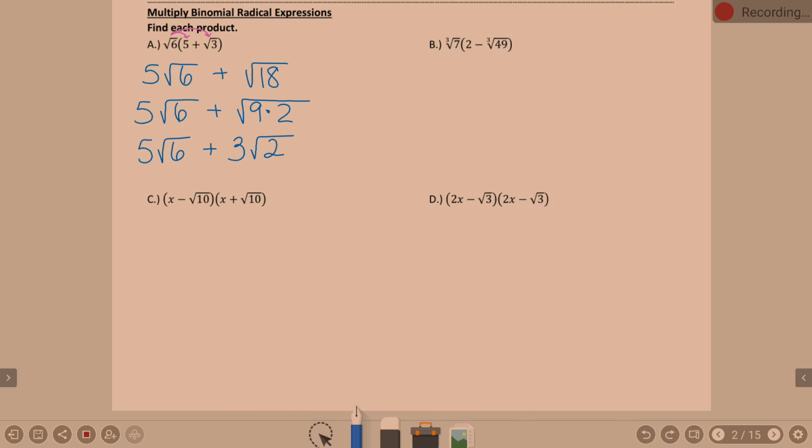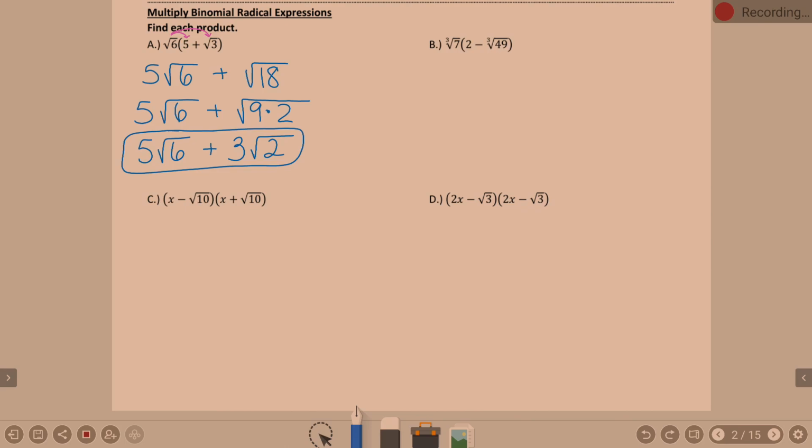They're not like terms, so we're done right here, and you're leaving your answer like that. Now, let me comment. Did we have to simplify? Yes, you do still have to simplify. Even though nothing ended up adding together, we still had to simplify.